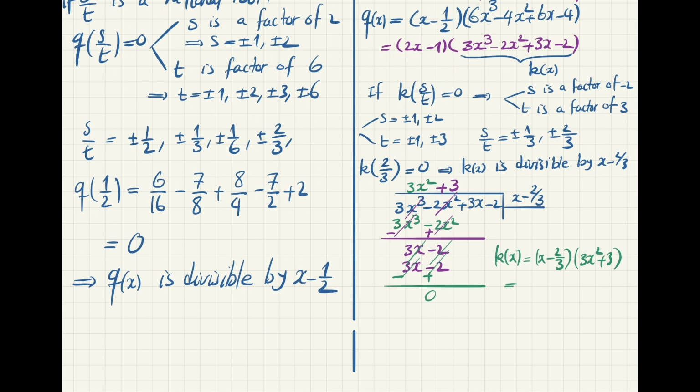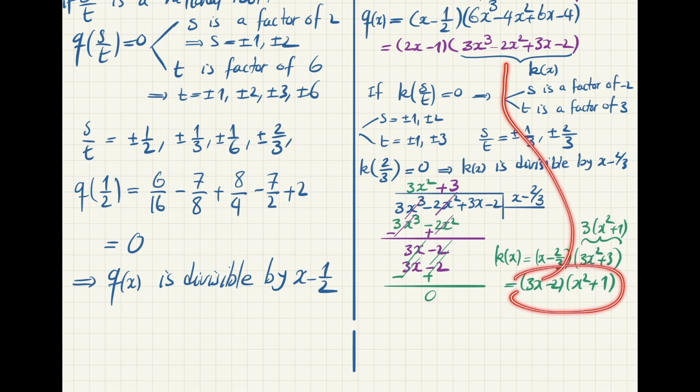Again, you see the same scenario: you can factor a 3 out from here, it becomes x squared plus 1, and then you can multiply this 3 here. So then it becomes 3x minus 2, x squared plus 1. The good point is that now all these numbers involved are integers, and if you plug this back here in this equation, you will finally find your q of x in a factorized form.